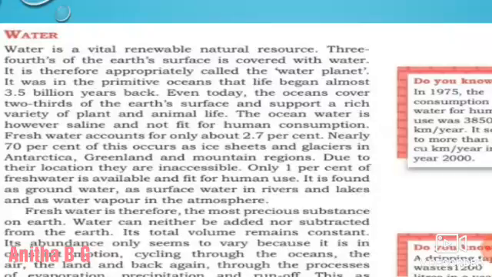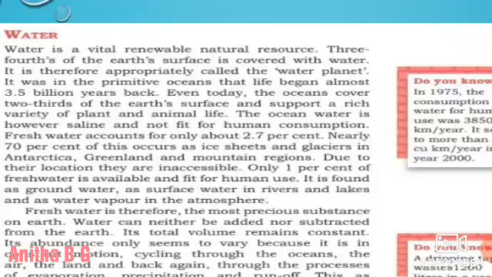The ocean water is, however, saline and not fit for human consumption. Can we use the ocean water to drink? No, we can't. Why? It is saline water, salty water. We cannot use it for drinking or our household things.